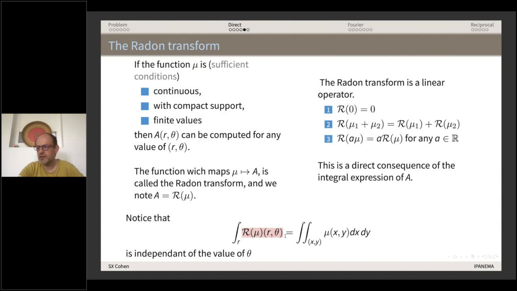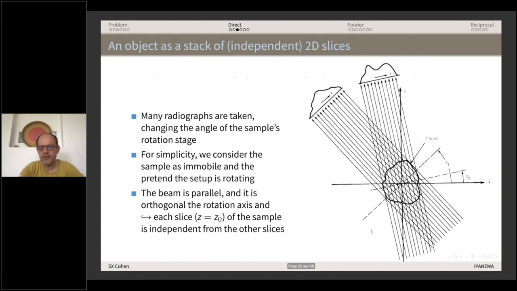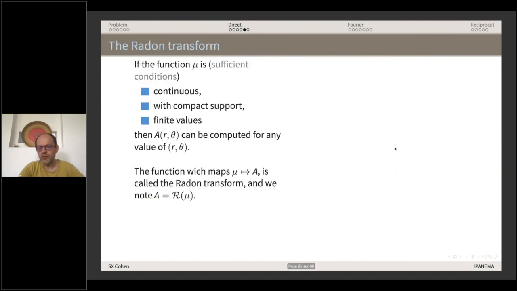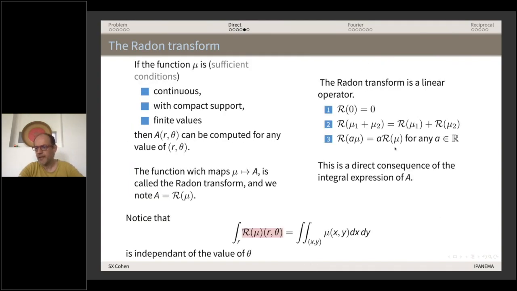Indeed, it's always the same, and the reason is that it ends up summing over all the object, all the x and y. When I sum here and when I sum here, at the end I'm seeing all the object. That's why when I integrate the Radon transform for one theta or for another theta, I always get the same result.